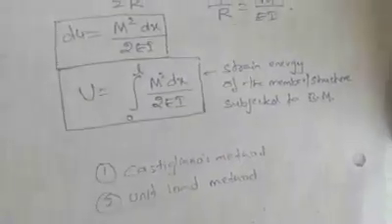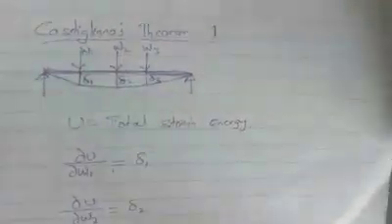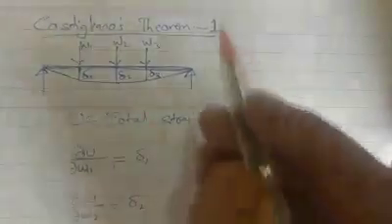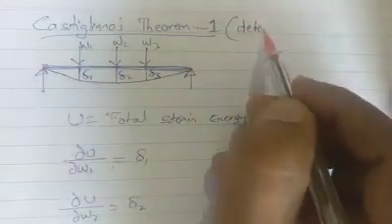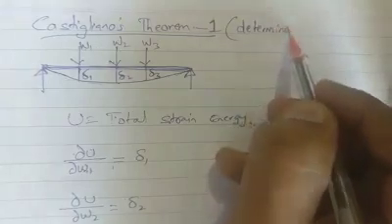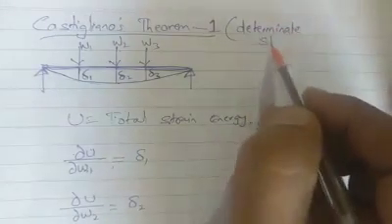Coming to Castigliano's method, Castigliano's theorem has theorem 1 and theorem 2. Theorem 1 is for determinate structures.